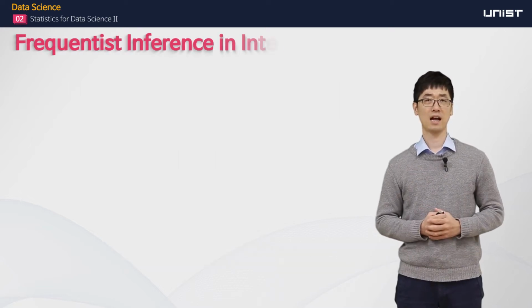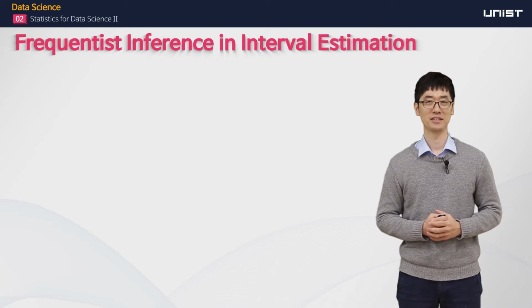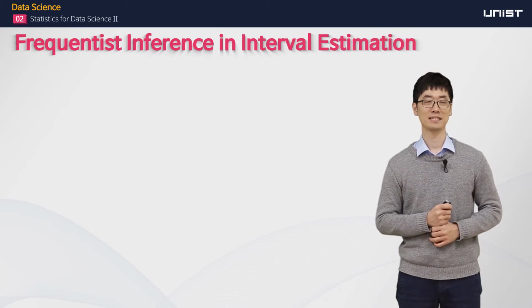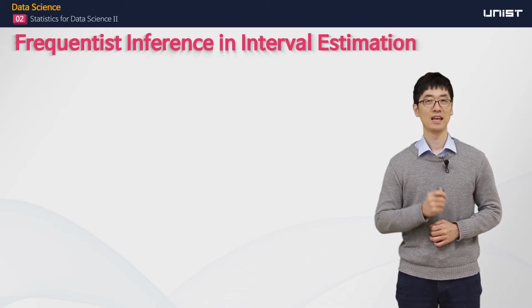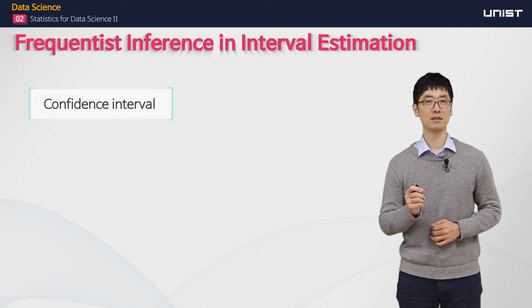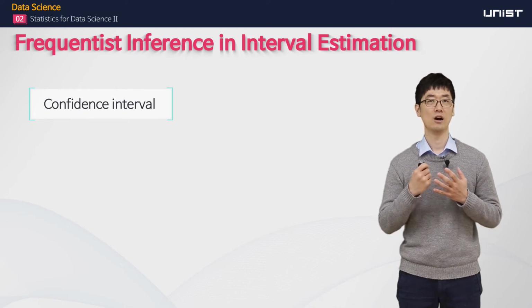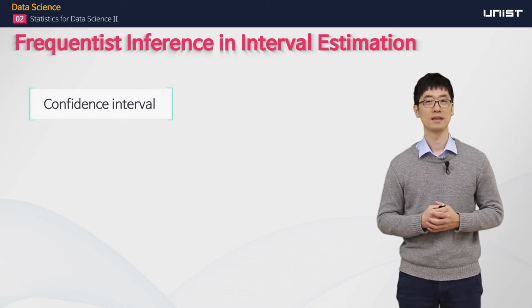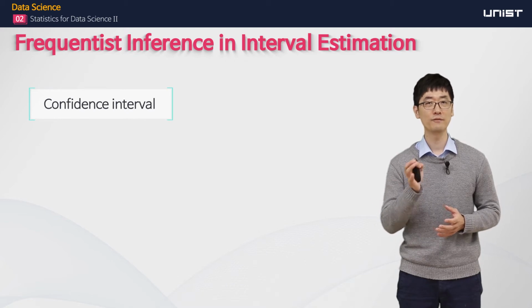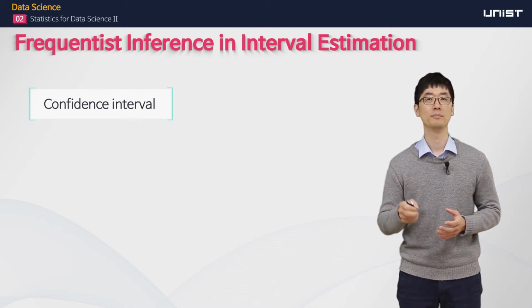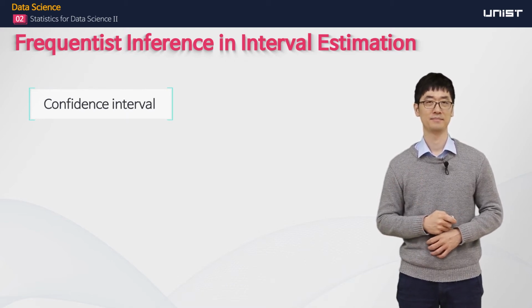Let me explain this concept of frequentist inference in interval estimation. A confidence interval is a type of interval estimate computed from the statistics of the observed data that might contain the true value of an unknown population parameter.